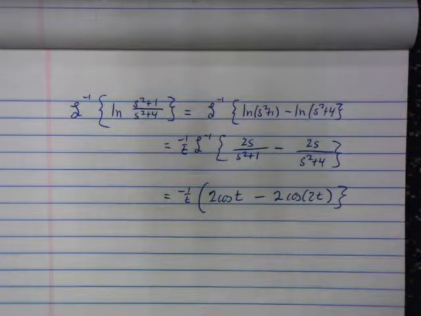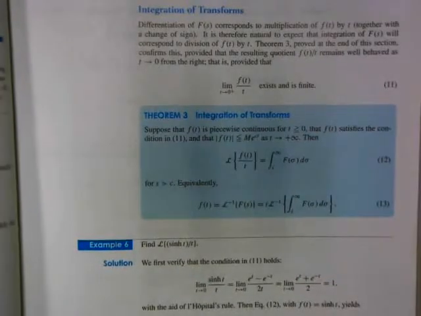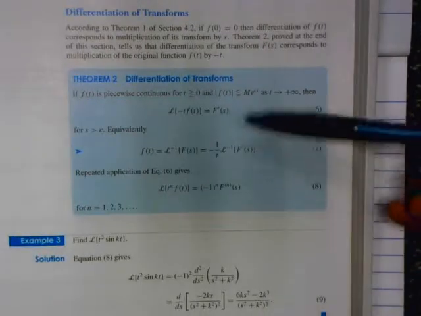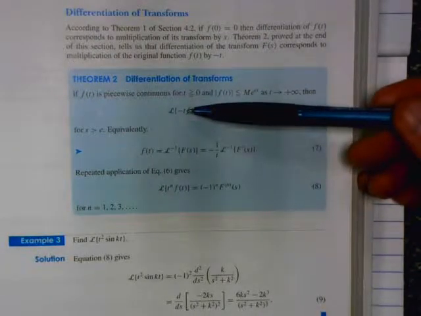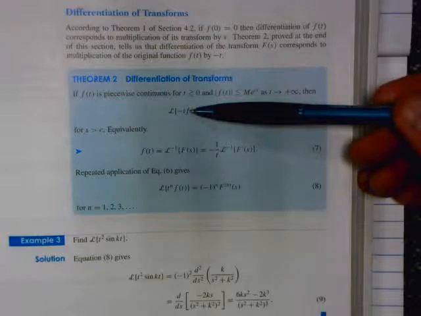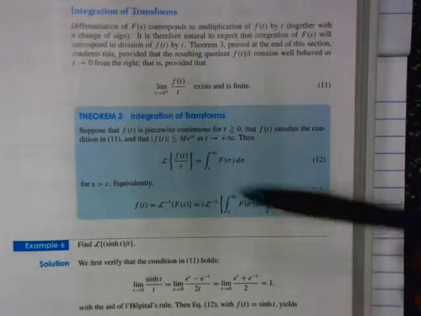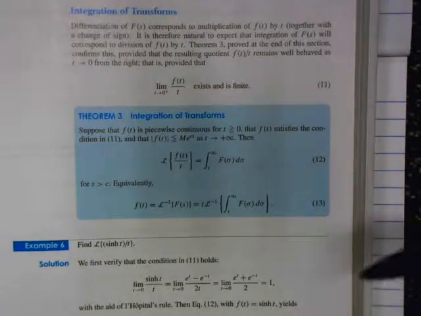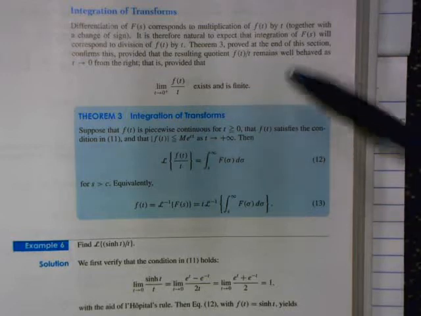Okay, the other theorem. So we had this theorem which told us how to find the Laplace transform if you're multiplying by a t. There's also another theorem which tells you how to find the Laplace transform if you're dividing by a t. So the hypotheses are pretty much the same. It's piecewise continuous.